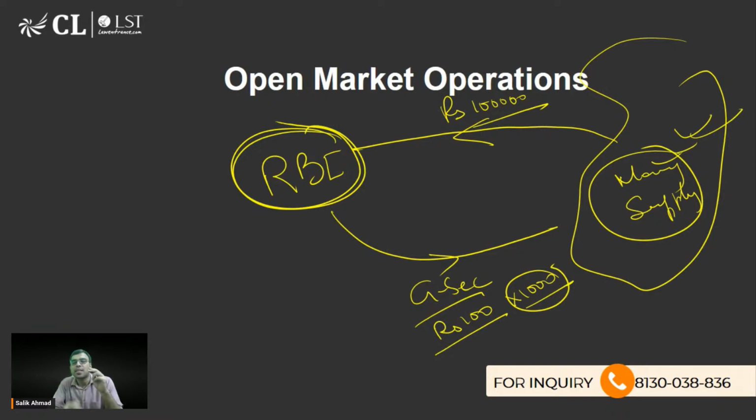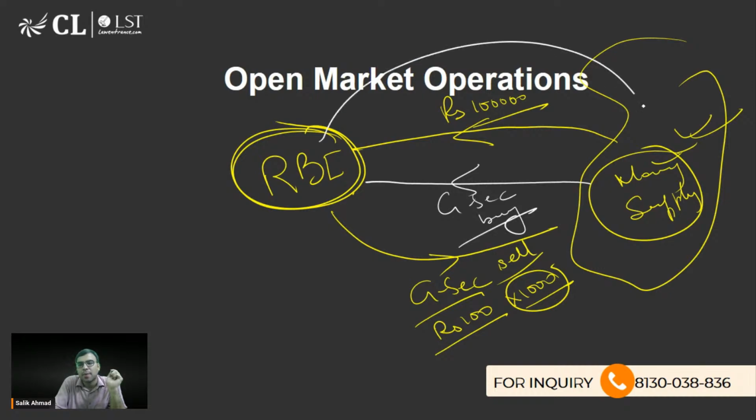And reverse also happens if the RBI wants to, यहाँ पे government security sell कर रही है RBI, it is selling the government security to the common public. And if the RBI wants to increase the money supply in the economy, then what will happen? So RBI will buy the government security. So government security जब खरीदेगी तो RBI पैसा देगी.